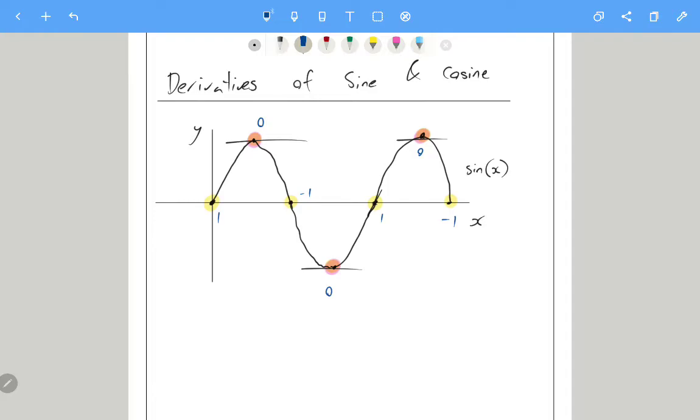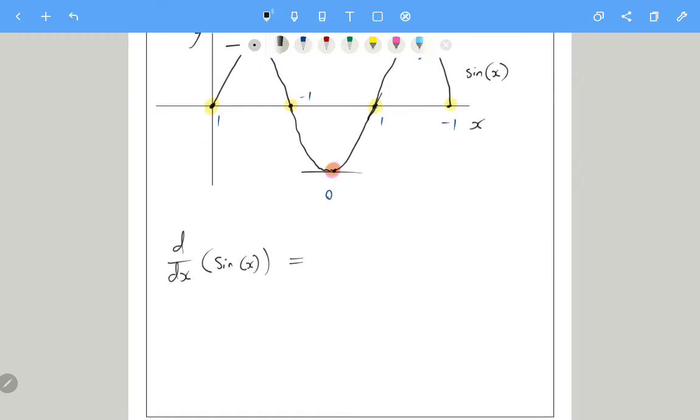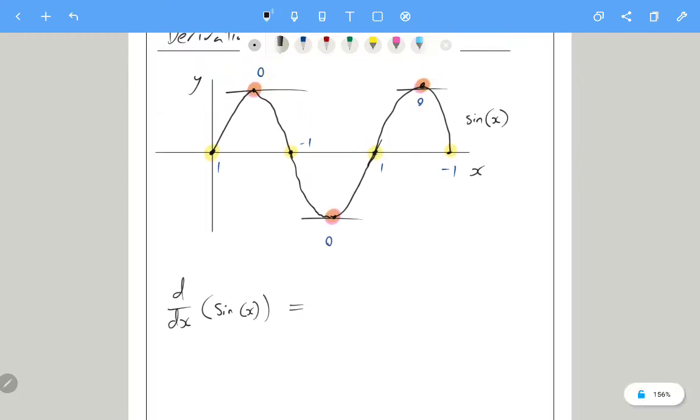So what we're looking for is that the derivative of sine, d dx of sine of x, has got to be some kind of trig function. Why? Because it's got to be periodic. And in fact, you'll realize that this is just the cos function.